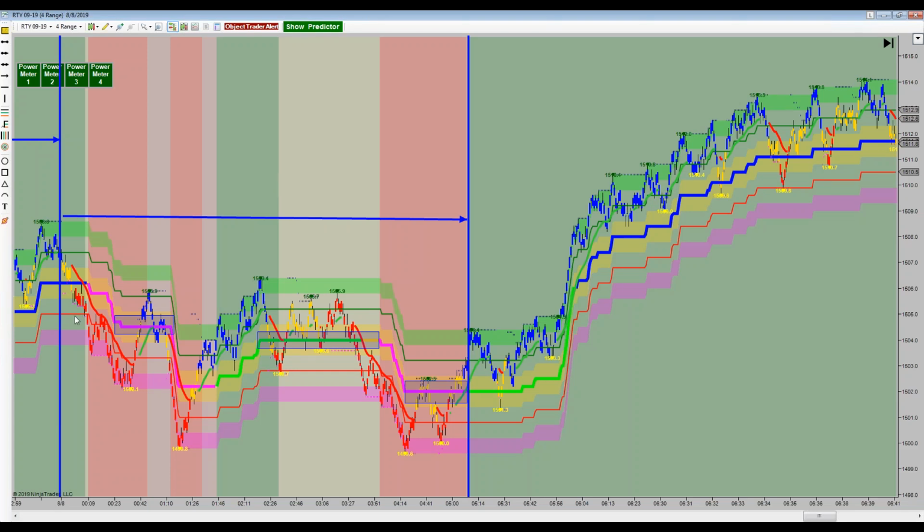Let me explain what that is. When you're in a range, as it is in this area to the left, you're going to notice that the swing levels are usually grouped not too far away from the mid-band. What I'm explaining now is the logic behind how the mid-band trade works.